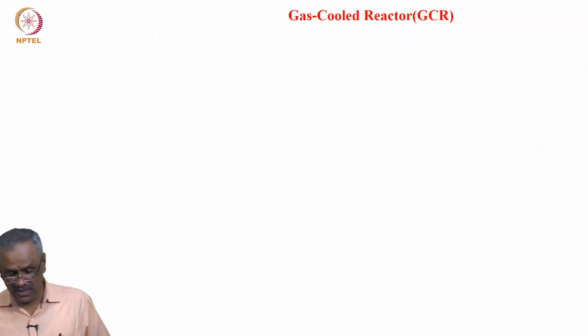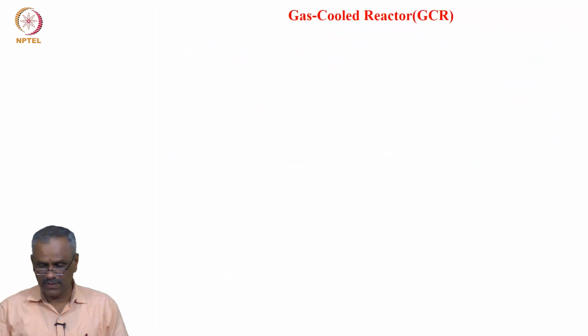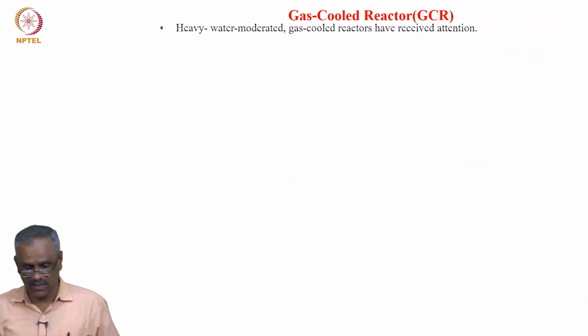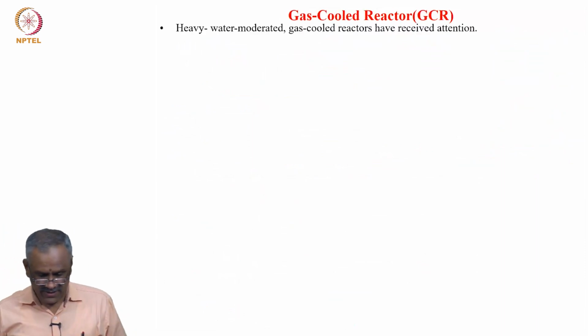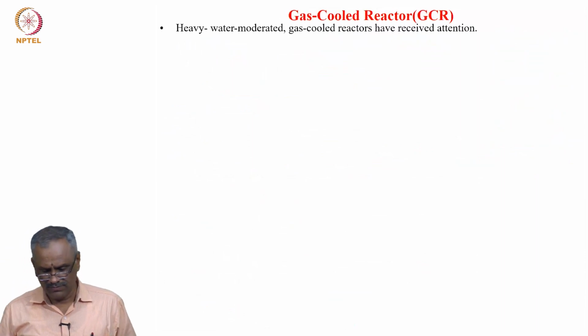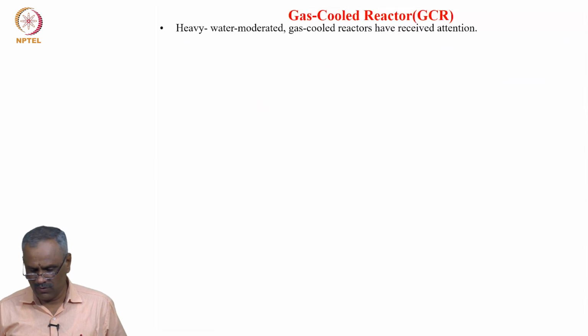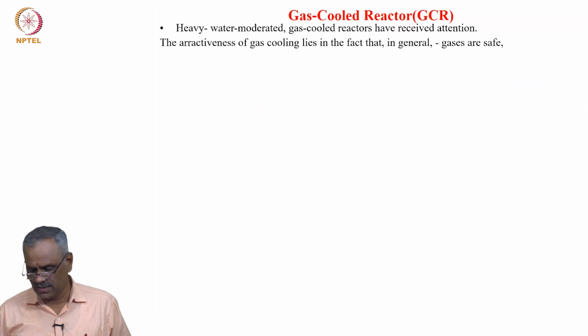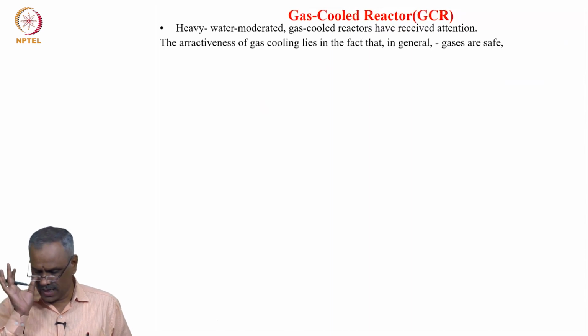The next one is the gas cooled reactor. In this gas cooled reactor, instead of liquid, you can go for heavy water moderated and gas cooled reactors. They are important, and gas cooling has an attractiveness.